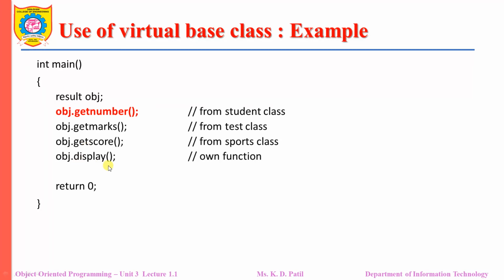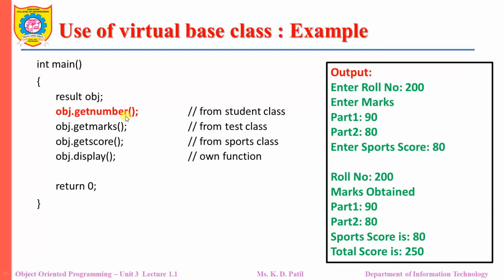And the display function is its own function, which displays the final result. Okay, so what was our aim? Our aim was to get a single copy of the members of the ancestor class or the indirect base class. So this has been achieved here through obj.getNumber through the virtual base class.